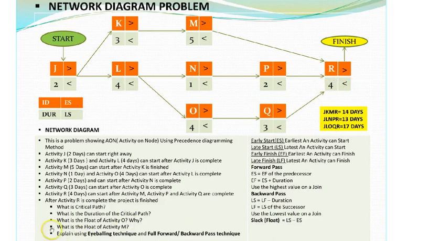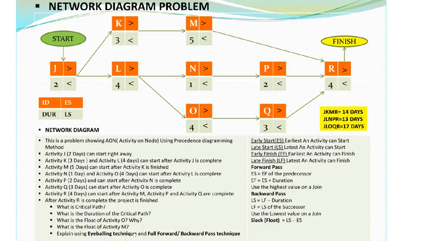Now let's see the next question, which is, what is the float on activity M? How do I calculate that? Remember, we calculated the float using 2 starts or 2 finishes. We don't have those numbers here yet, so you can find them using the forward and backward pass technique and subtract to get the float. But the easier way is using the eyeballing technique.